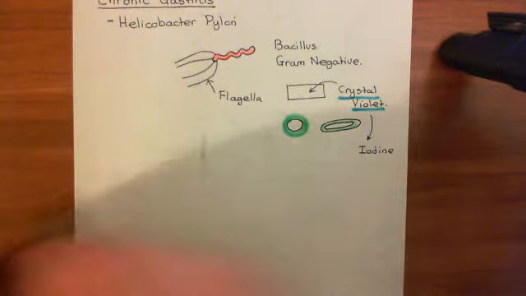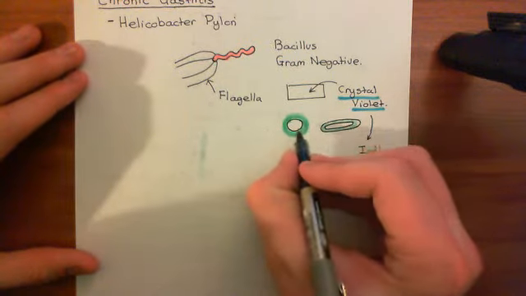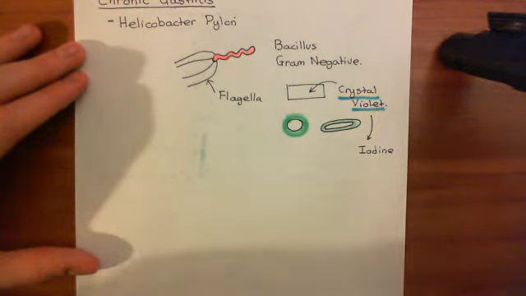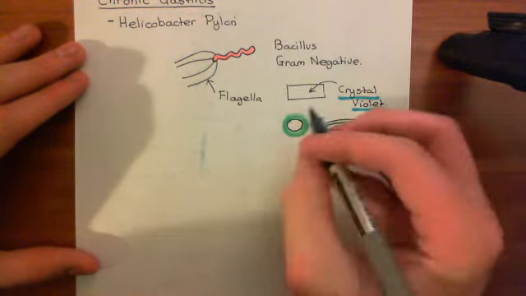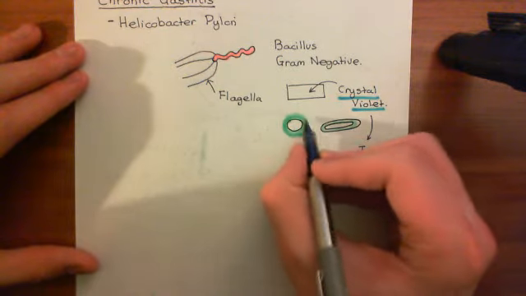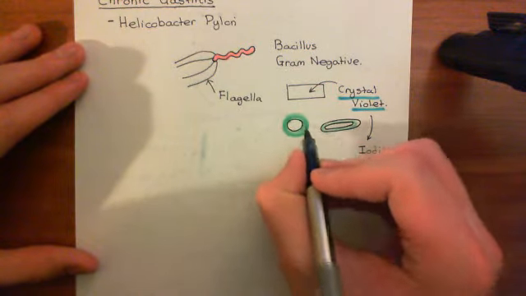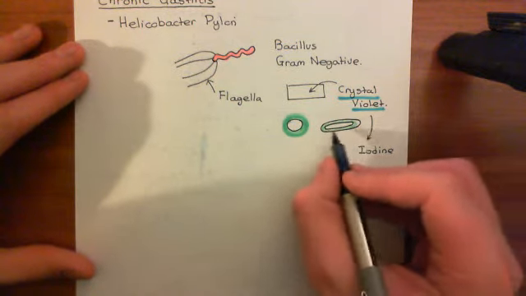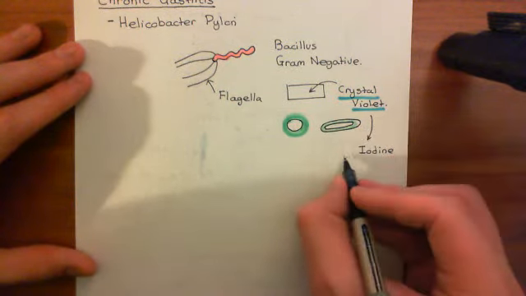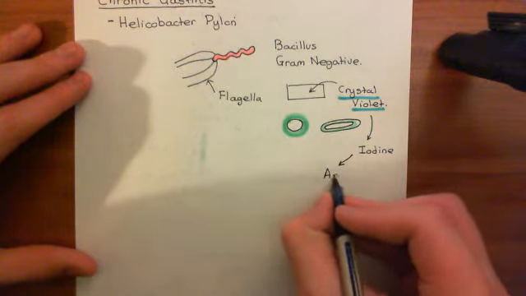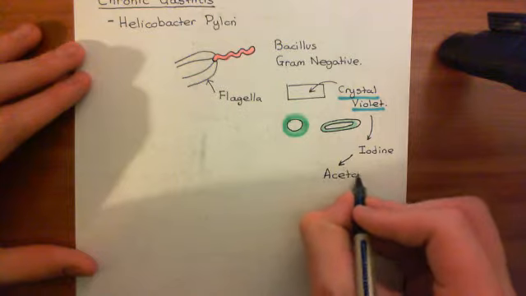Now, in the bacteria which have extremely thick cell walls, the crystal violet will get fixed to that extremely thick cell wall. So the gram-positive bacteria will get loads of this crystal violet stain stuck to them, whereas the gram-negative bacteria don't get the crystal violet stain stuck to them. Okay, what then happens is you wash the bacterial plate off with a powerful solvent, such as acetone.